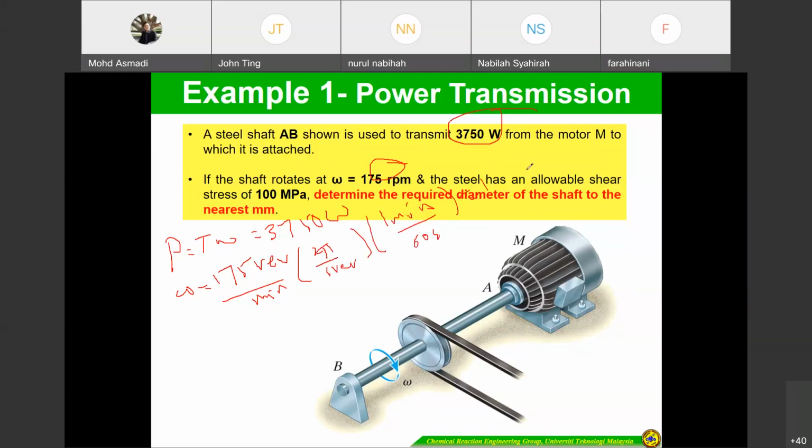So you have to determine T equals P divided by omega, so you can get the answer.